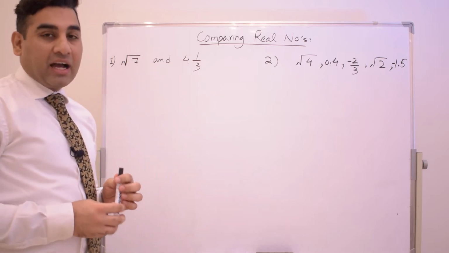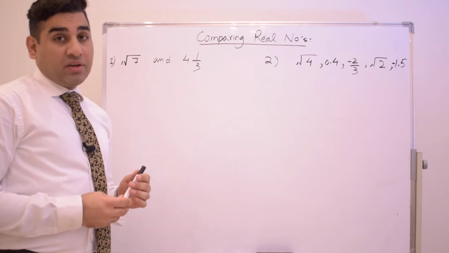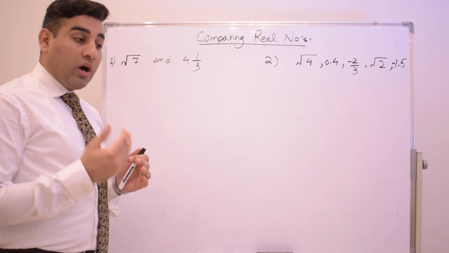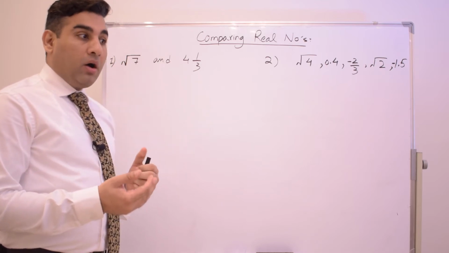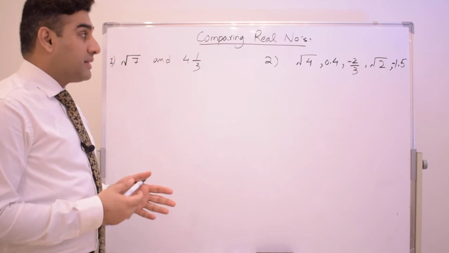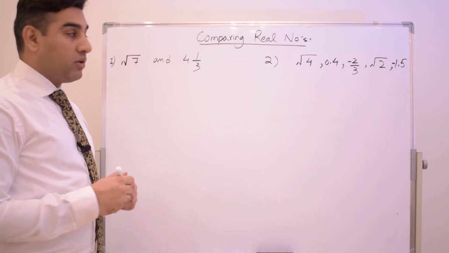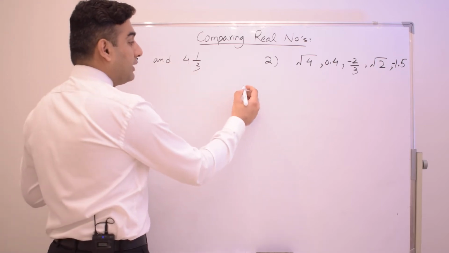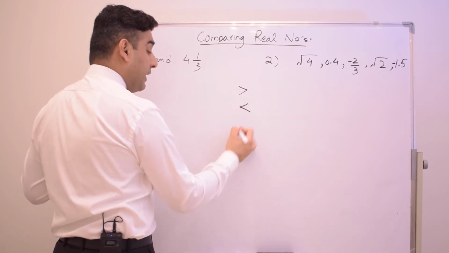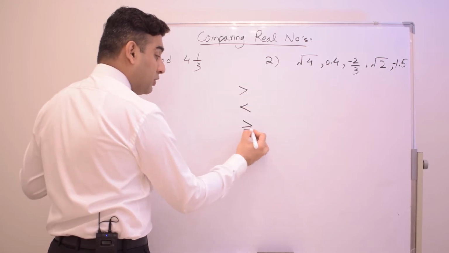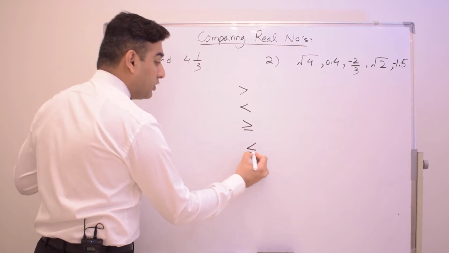My dear students, if you want to compare real numbers, comparing means that you are going to tell which number is greater and which number is smaller. For comparisons we usually use the greater than, less than, greater than or equal to, or less than or equal to symbols.